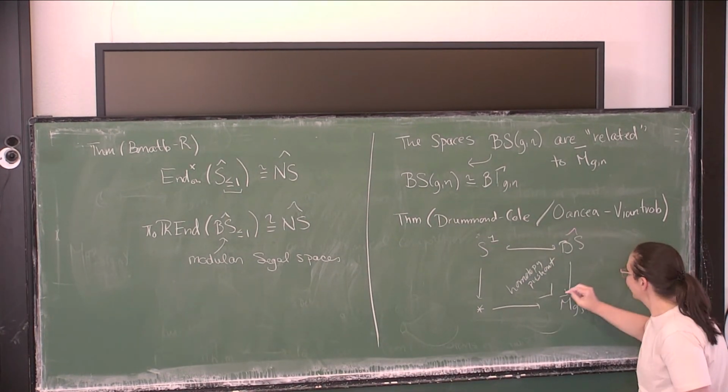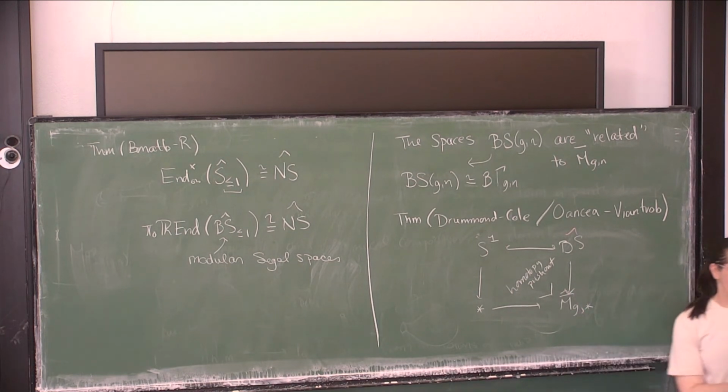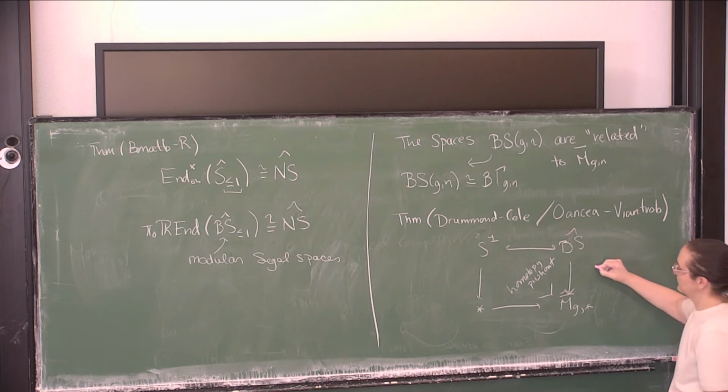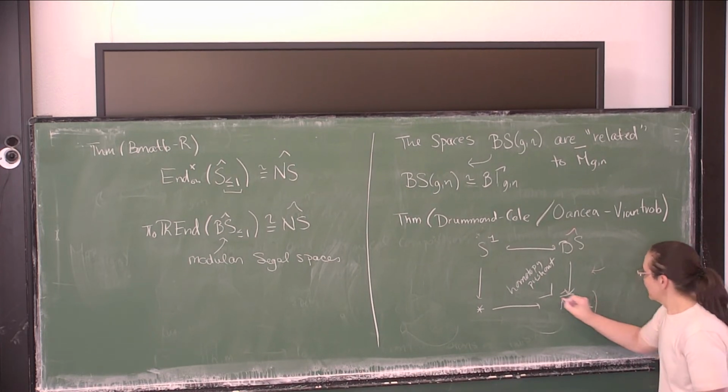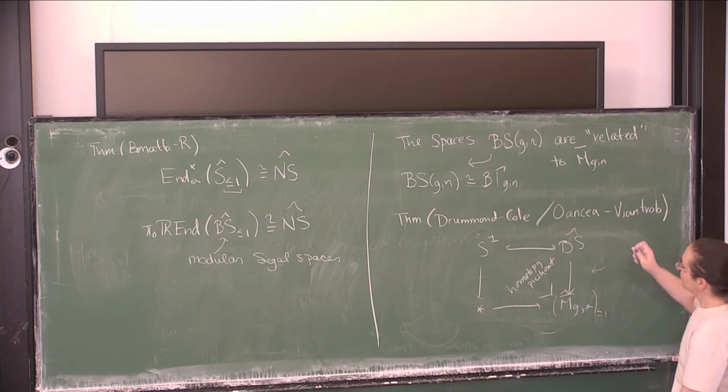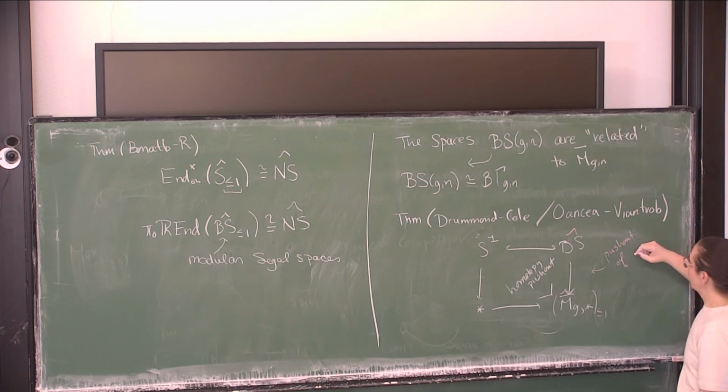That's silly. And I can put some hats here. And now this is not a homotopy pushout of operads, but of, and then I actually have to truncate. So a pushout of modular spaces.